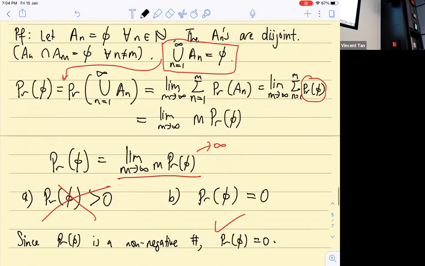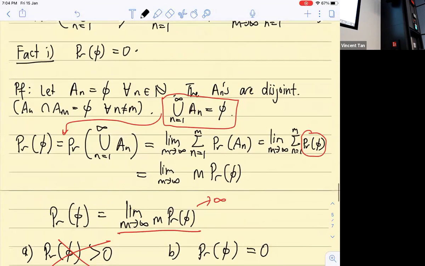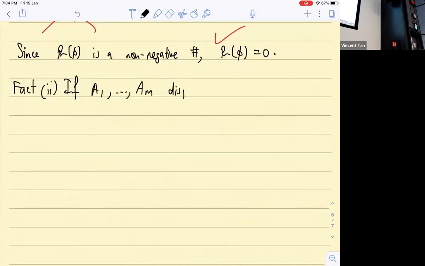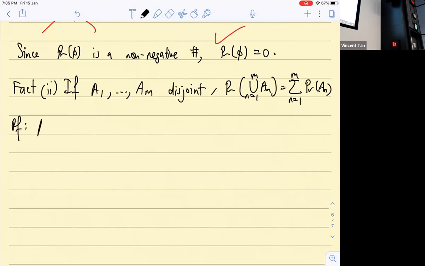All right. So if A1 to AM are disjoint, and we know the meaning of disjoint, then the probability of their finite union is equal to the sum of the probabilities of the An. The proof here, I'm not going to belabor the point.